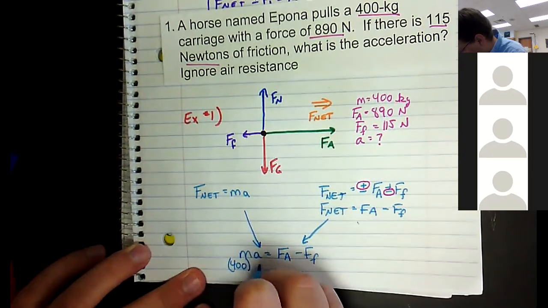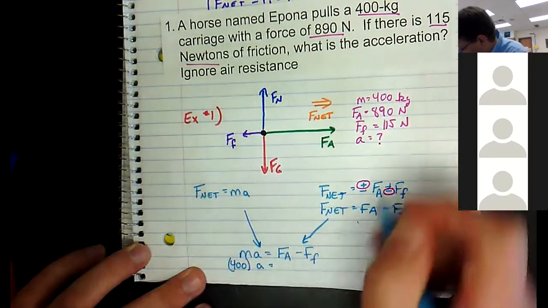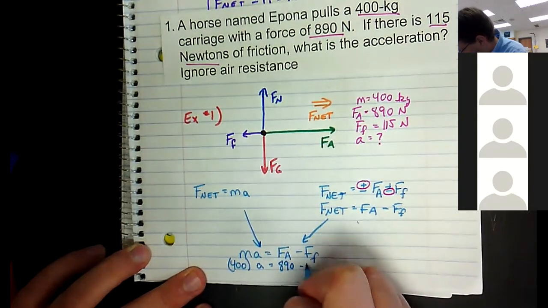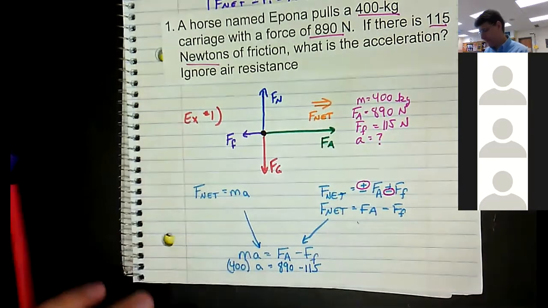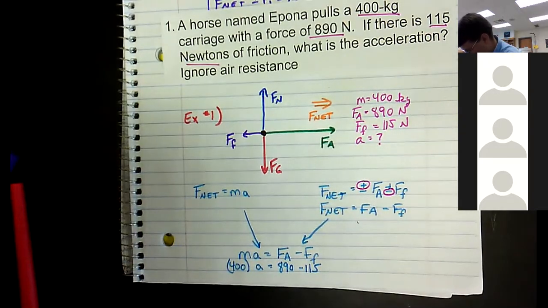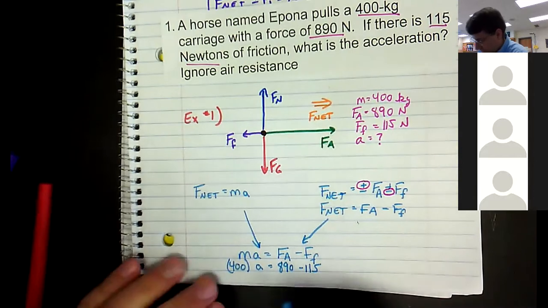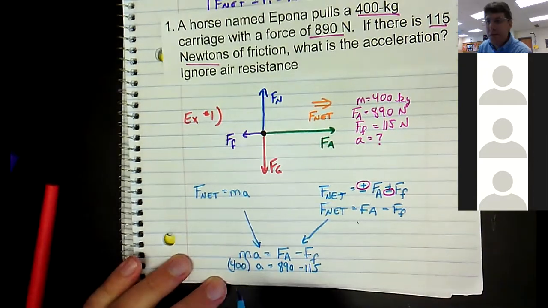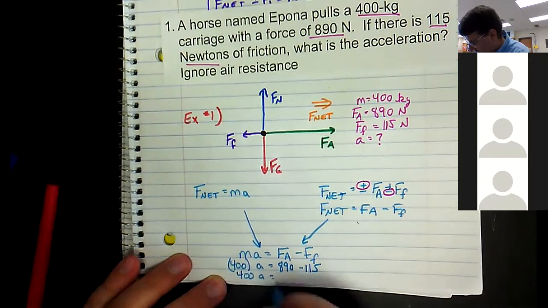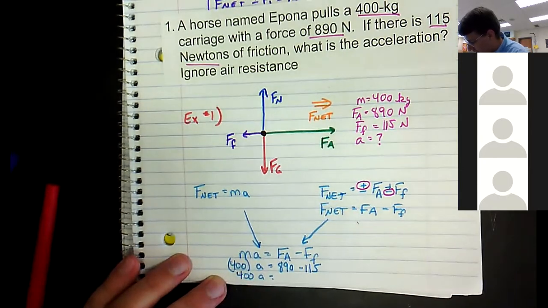After this, it's just a matter of plugging numbers in. Mass is 400. I don't know A. FA is 890. FF is 115. So I think I get 400A equals, what is that, 775, is that right?